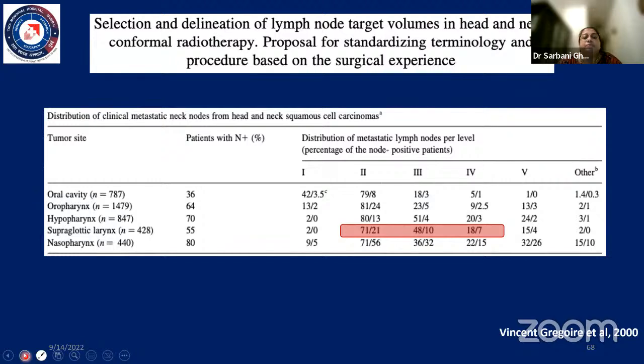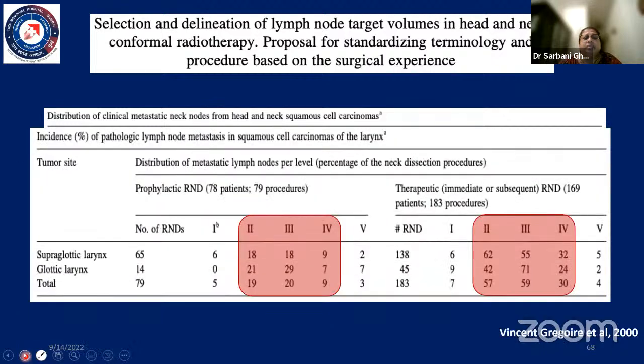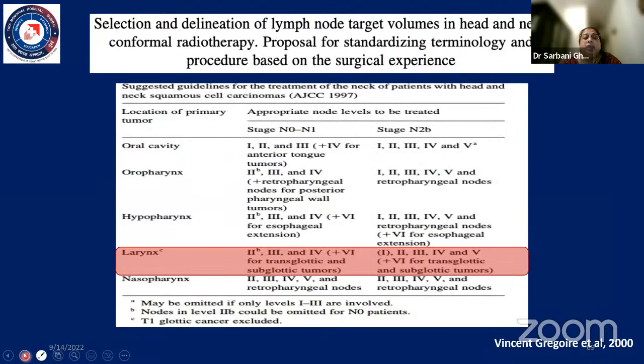So now this paper from Vincent Gregoire again talks about the distribution of metastatic lymph node per levels depending upon the cancer, that is the subsite of the cancer. And this is for within the glottic, within the larynx itself.